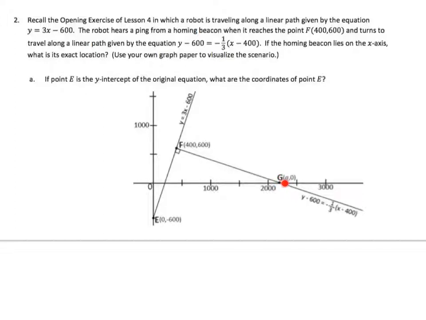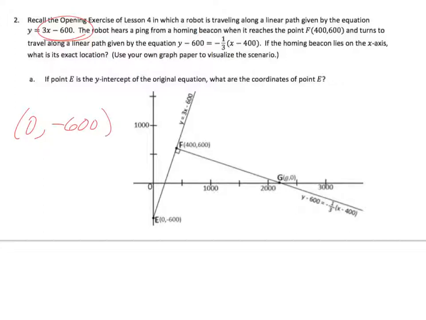Use your own graph paper to visualize the scenario. I copied it into your notes for you. So if point E is the y-intercept of the original equation, what are the coordinates of point E? That one's easy. The y-intercept is negative 600, and your x value at the y-intercept is always 0.